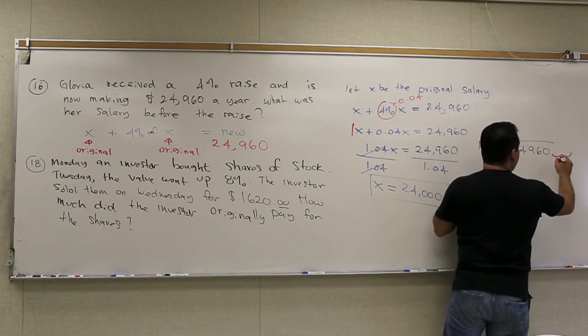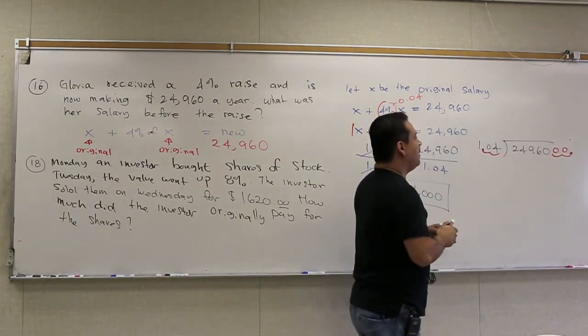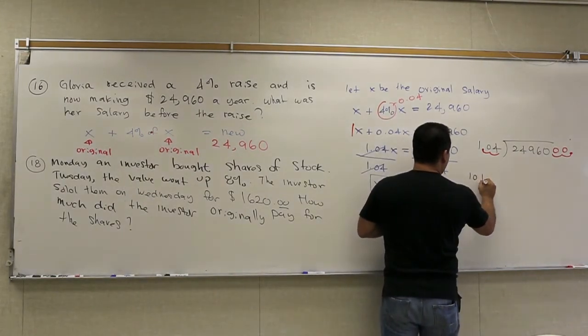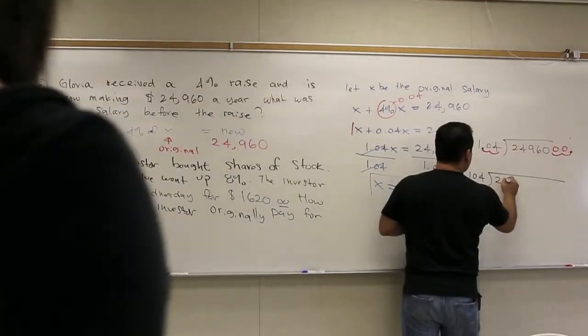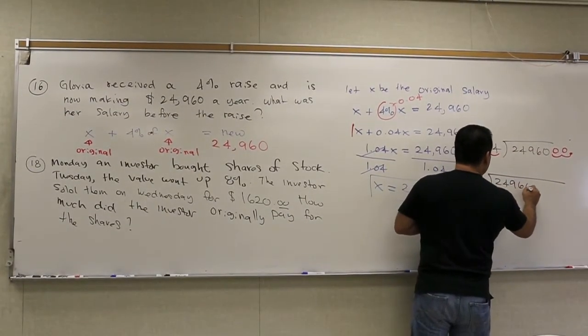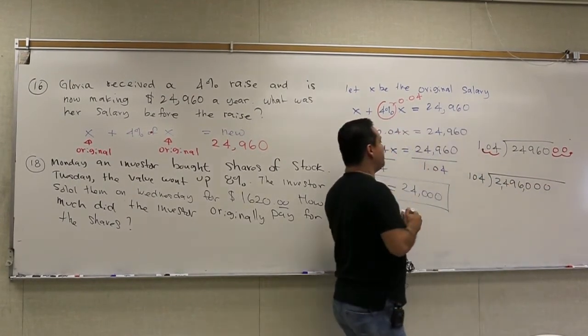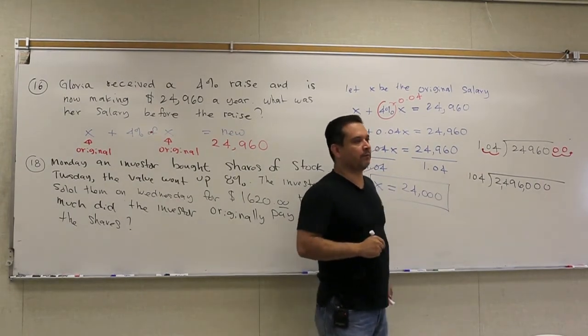What do you do with the empty space? Put some zeros here. So you really have 104 with your long division going into 24960 with two more zeros. So this is the division you'll be doing for your long division.